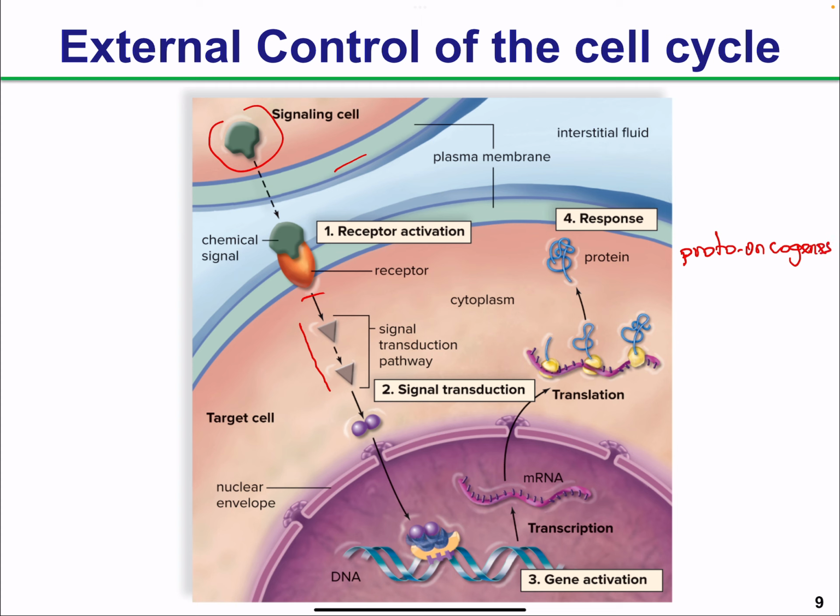Proto-oncogenes are the genes whose expression is going to stimulate cell division, while some other genes are called tumor suppressor genes. Tumor suppressor genes stop cell division or trigger apoptosis, while the proto-oncogenes are stimulating cell division, right?